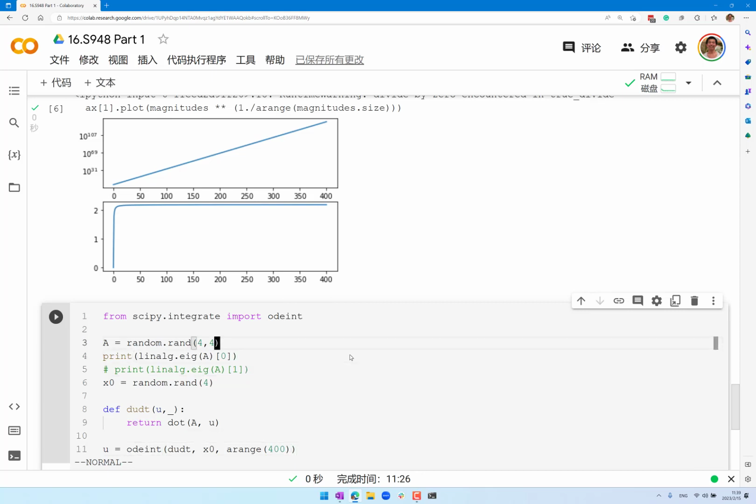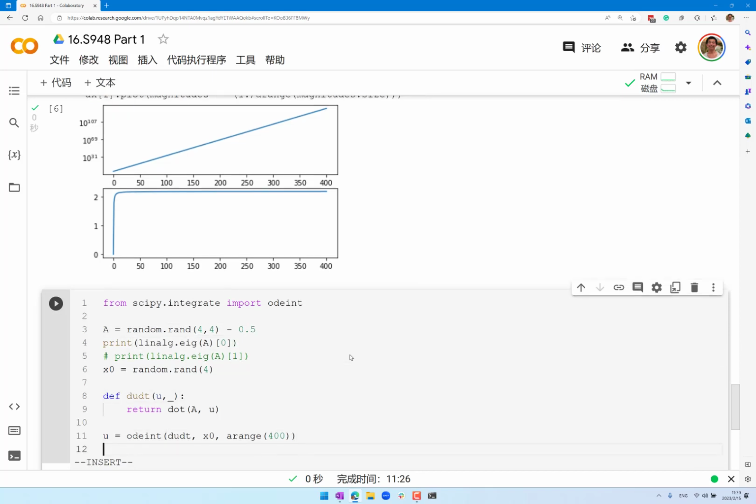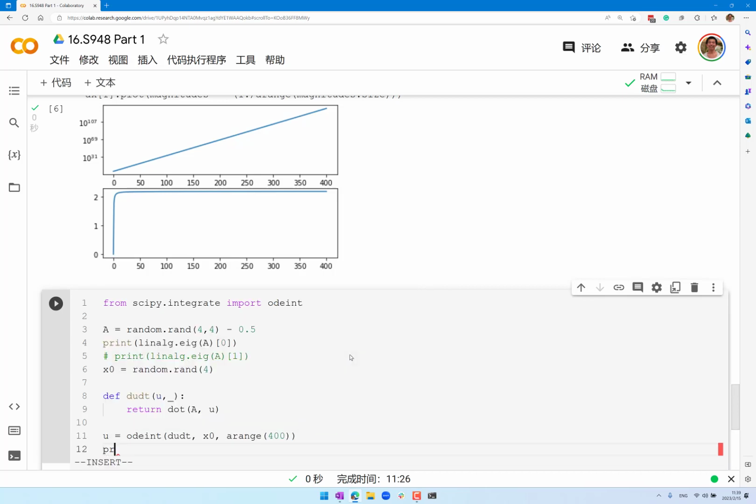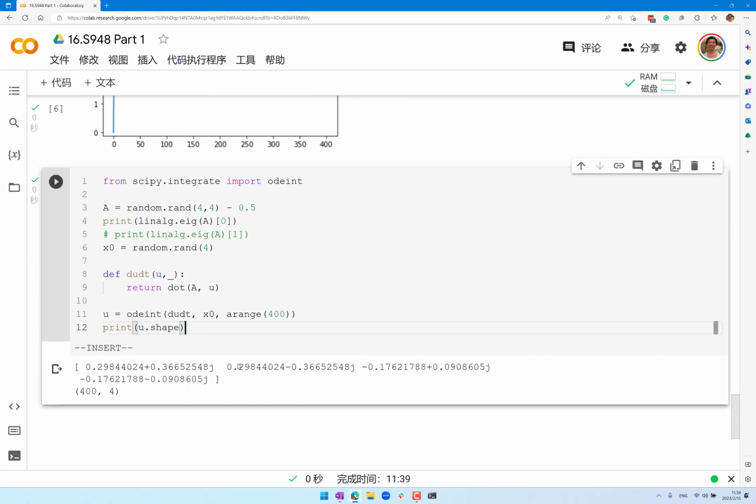And in this case, let's actually subtract 0.5 so that A has both positive and negative contributions. Okay, so here let's plot the magnitude of u. So let me actually print u.shape. So u has 400. So the first dimension is the time dimension. Second is the spatial dimension.